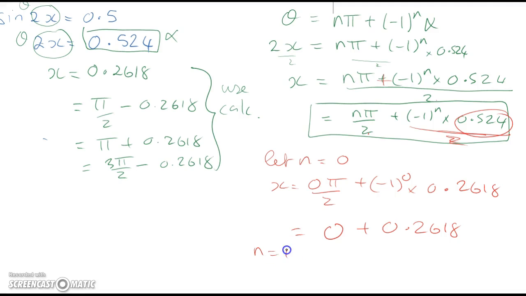And when n equals 1, we're going to have 1 times pi over 2 plus negative 1 to the 1 times 0.2618.